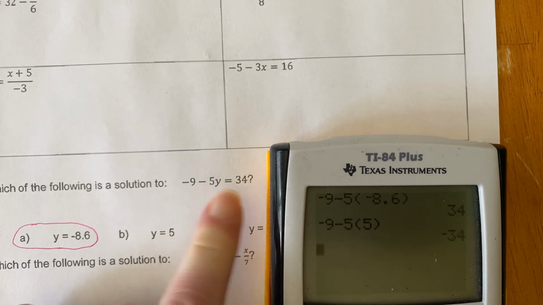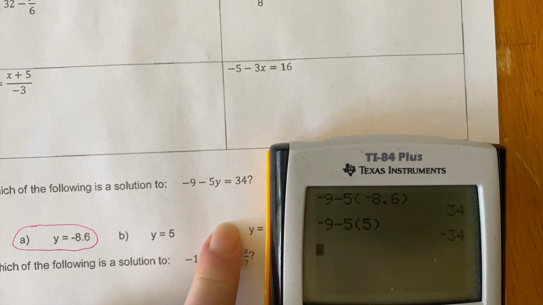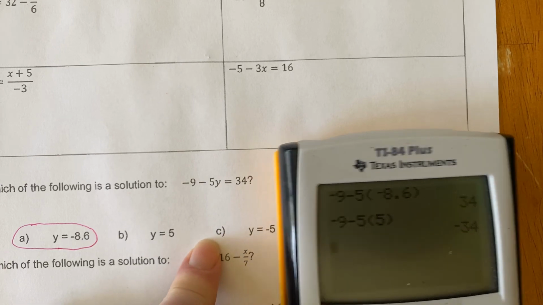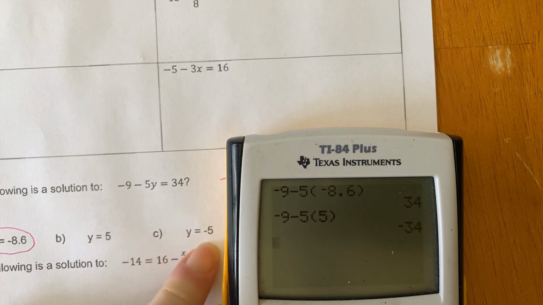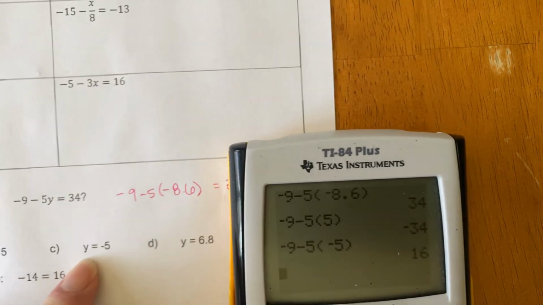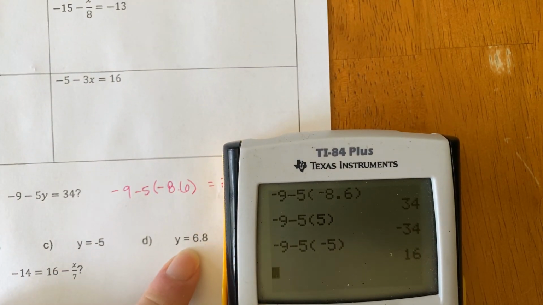So negative 34 is not positive 34, so therefore that one is not a solution. Watch when I plug in a negative 5, what happens? So negative 9 minus 5 times a negative 5, I get 16, not 34. So that is also not a solution. And I'll plug in the last one, negative 9 minus 5 times 6.8.